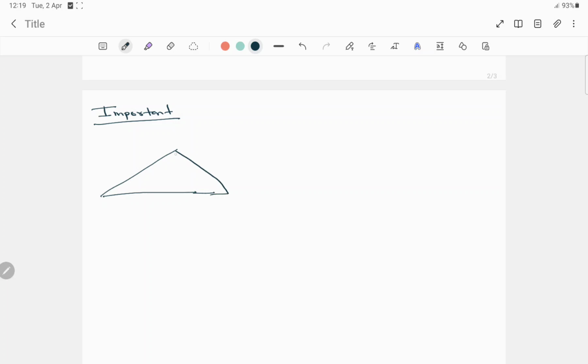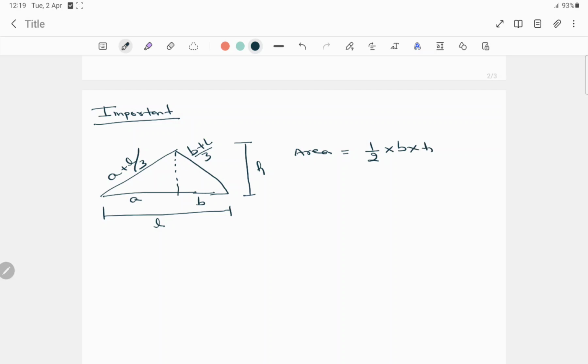Here the distances will be considered as A and B, the whole distance as L, and this is the height H. To find the CG for this type of beam, the formula is B plus L by 3, and for this side A plus L by 3. And the area of this type is 1/2 into base into height.